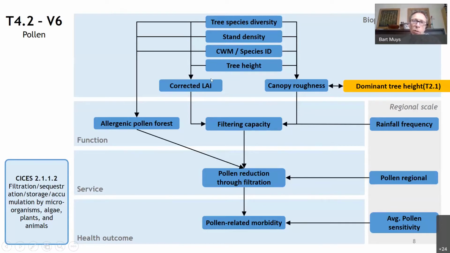But all the other elements stand, and so we expect that more mixture, more stand density, and effective filtering species can lead to improved filtering capacity and reduced pollen through filtration.